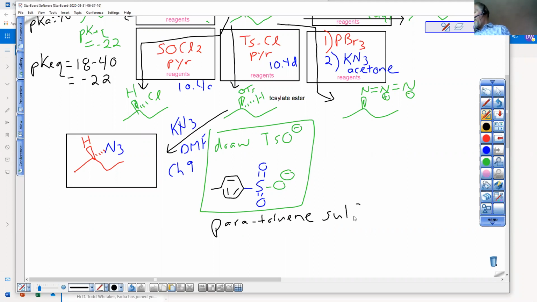And it's not the sulfonic acid, it's the conjugate base. Resonating O's often end with ATE. So para-toluene sulfonate.